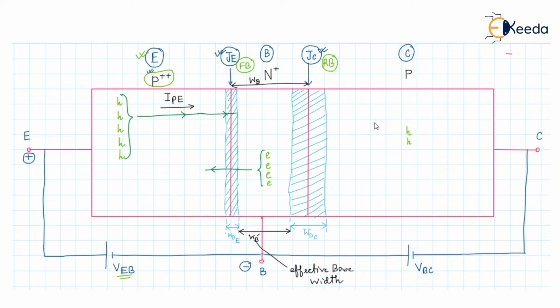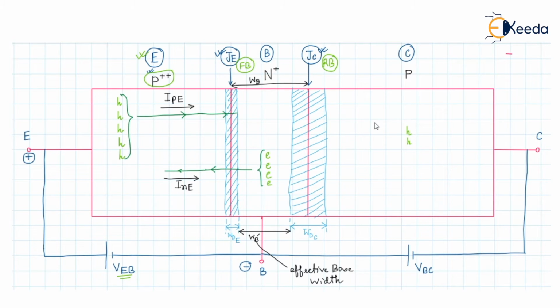Similarly, the electrons which are moving from the base to the emitter will produce a current in the opposite direction inside the emitter. I am denoting it as INE, that is the current due to electrons in the emitter. So we have seen that these are the majority carrier currents which are moving in this direction.